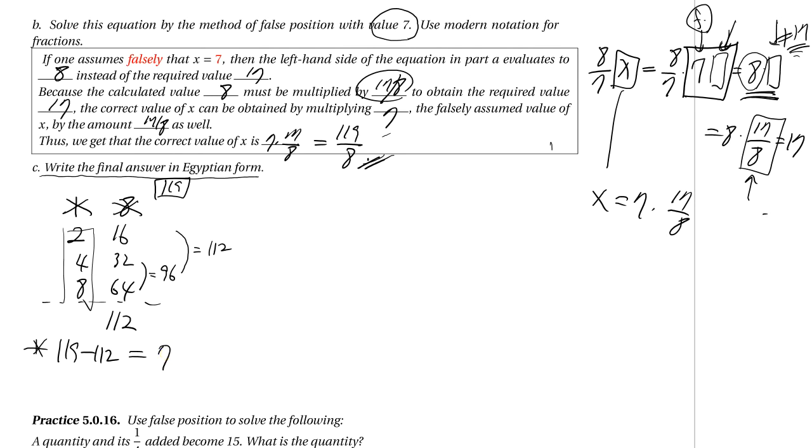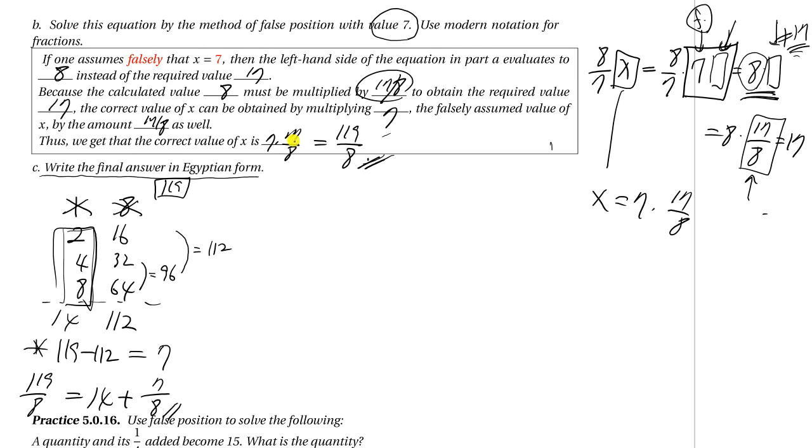Which means that 119 over 8, when you add this, it's 14, right? So 14 plus 7 over 8, right? So all we need is how to get this 7 over 8.